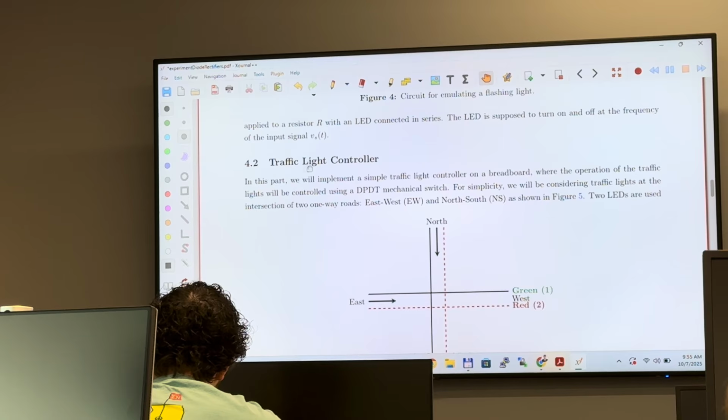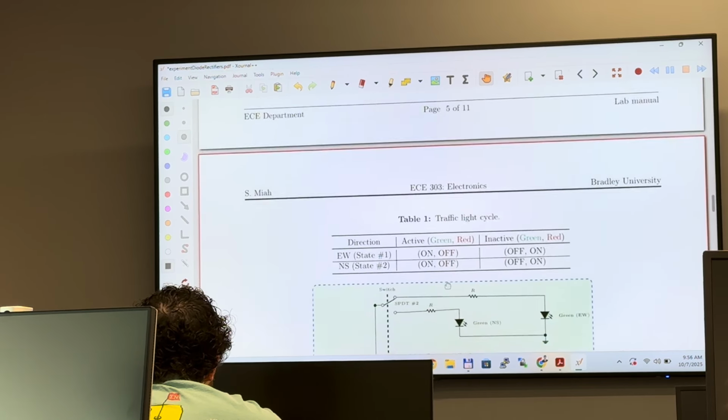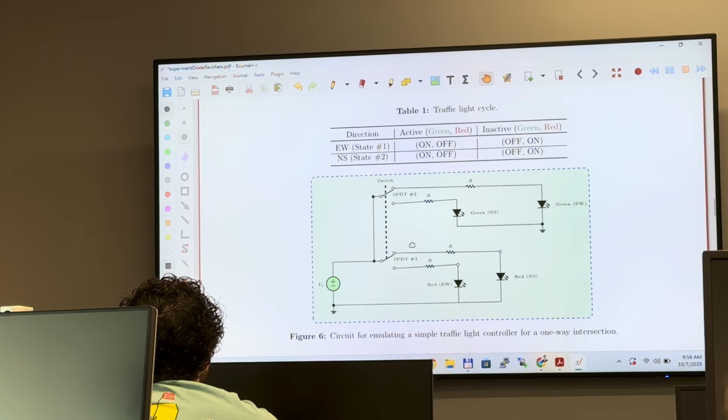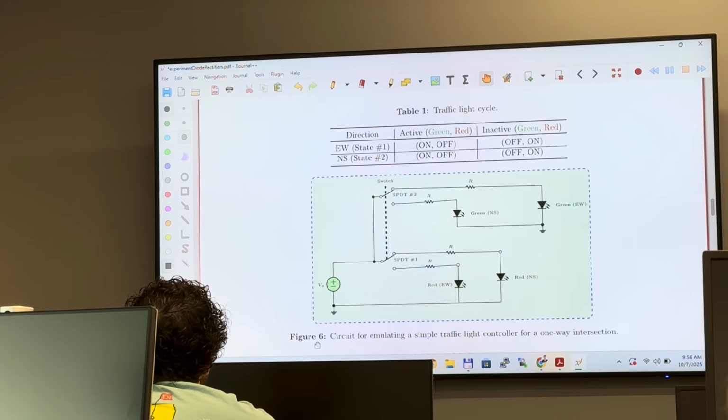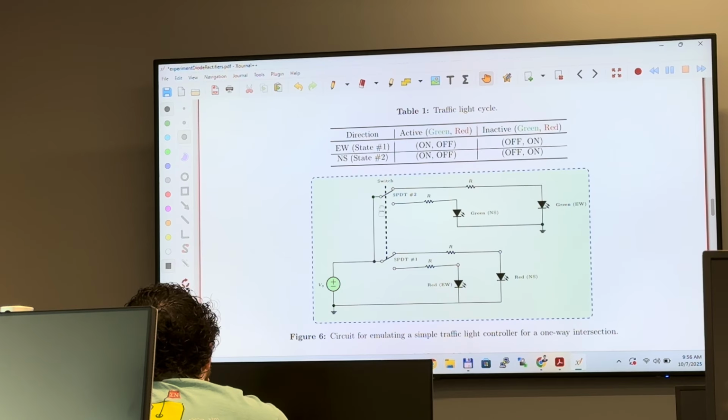You will need to implement this traffic light controller using just mechanical switches. So you have north-south and east-west. You implement this figure 6. You apply some DC voltage, and you have double throw switches.